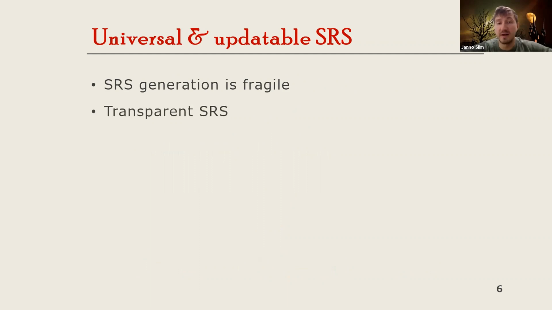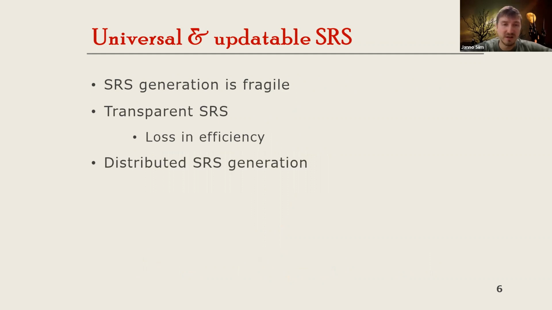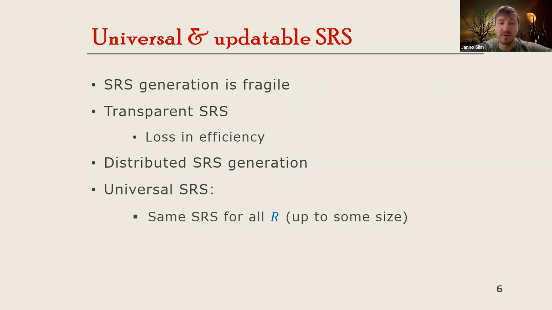It is possible to have a transparent SRS, but then typically you give up something in efficiency. So we still would like to have a distributed SRS generation, but there are some ways to make it a bit nicer in practice. One notion is universal SRS. This means that we can use the same SRS for many different relations, at least up to some size of the relation.